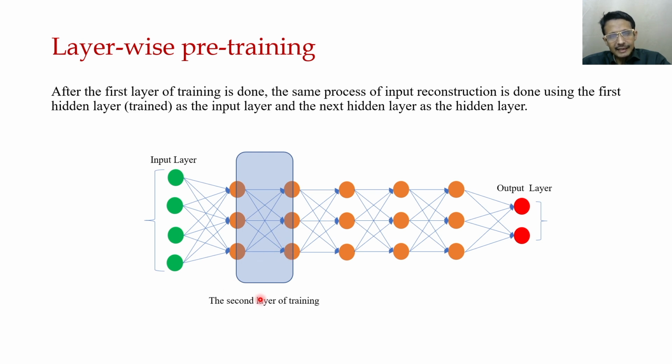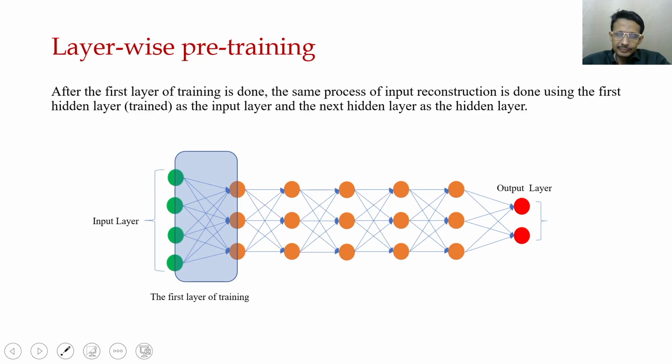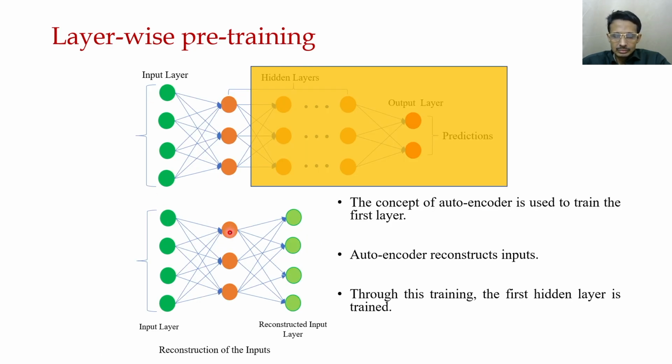So this is the second layer of training, and the same autoencoder idea is used. The only difference is that now the input is your first hidden layer, there is a second hidden layer, and this first hidden layer is reconstructed here.